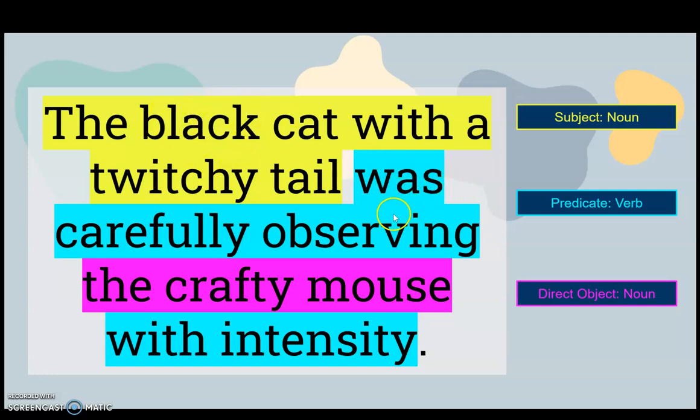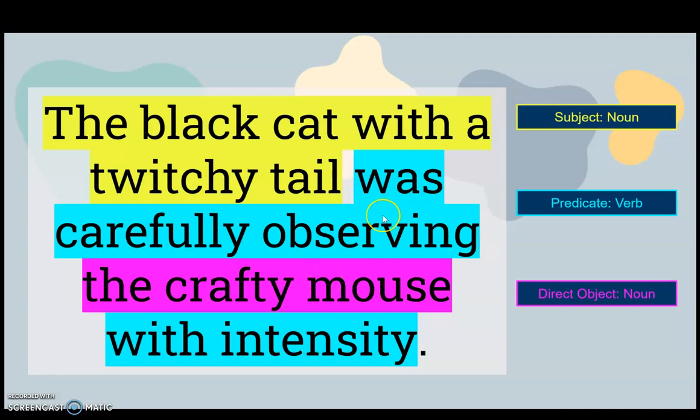The predicate or the verb is all the words that go together to create the verb of the sentence. So we have was carefully observing, and notice that there's also some of this bluish color down here, because this part, with intensity, is modifying the verb, not the direct object, which is your second noun, the crafty mouse. The mouse is not with intensity.